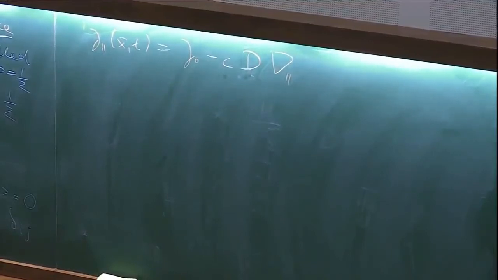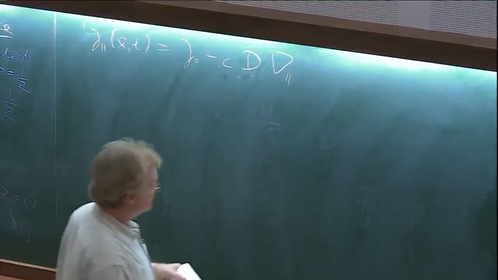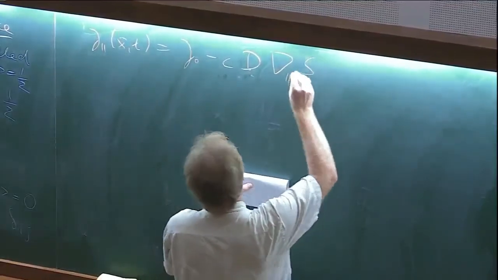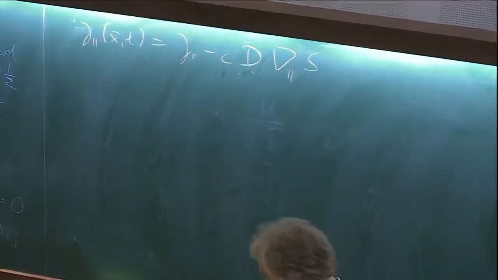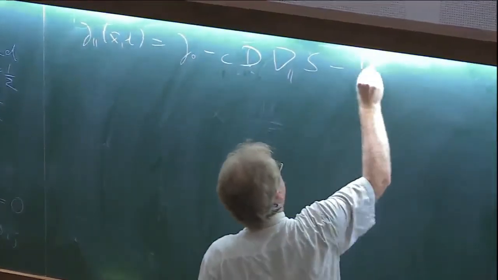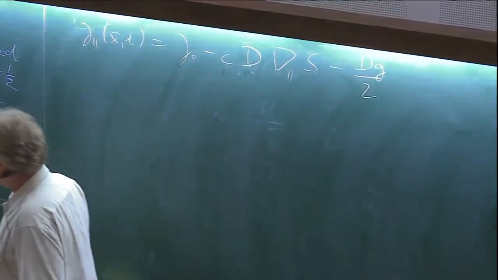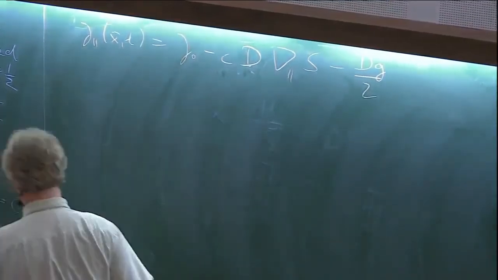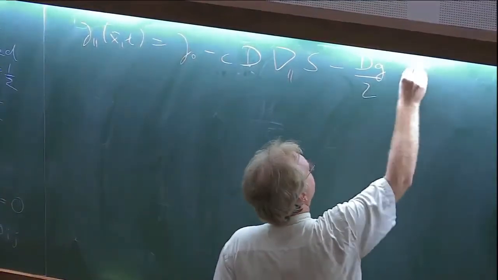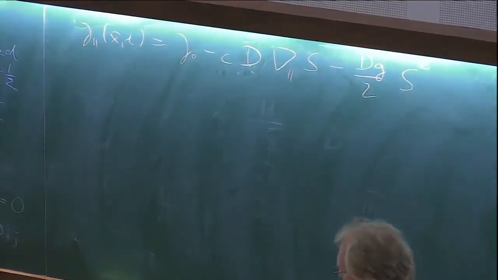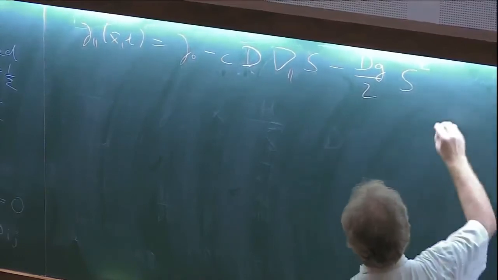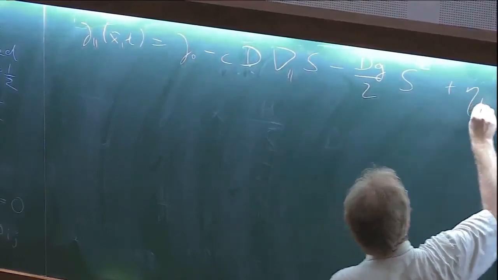So I'm just making it different by having a c that isn't 1. So this is s, like there. But here I have to worry about the nonlinear term, which I give a coupling g, but the important bit, it comes with s squared. So this comes from the exclusion and the drive, and then there is noise here too.